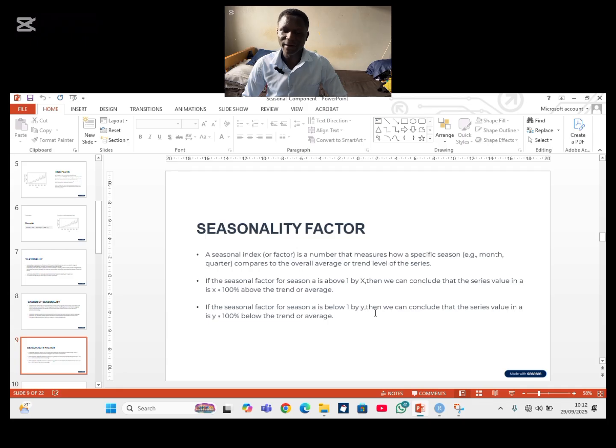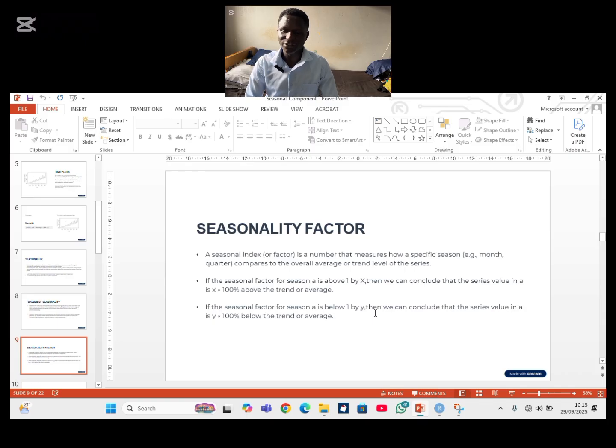Now, there is an important factor you should know about seasonality. There is something we are calling a seasonality factor. A seasonality factor or index is a number that measures how a specific season, it could be a month or quarter, compares to the overall average of a trend or trend level of the series.